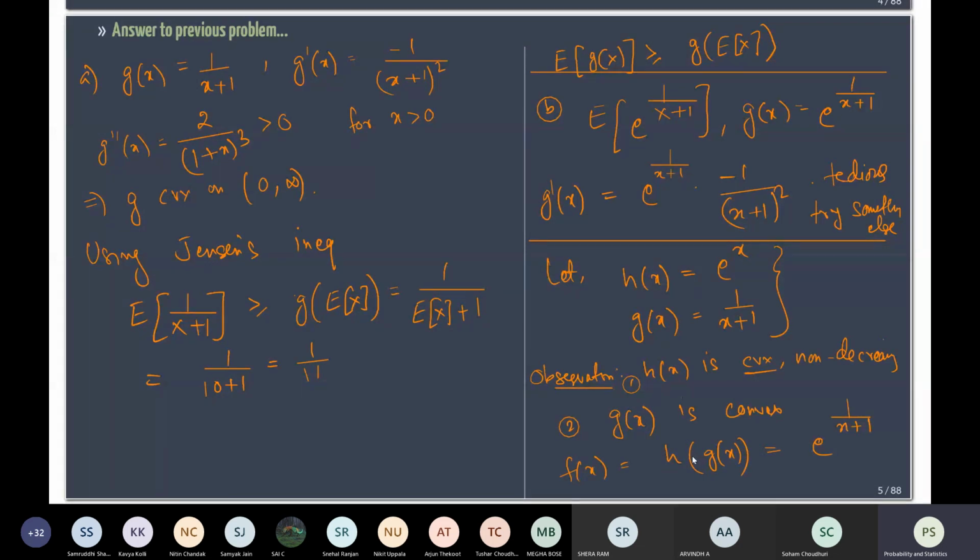So we know the second derivative test also, right? So what will happen if we do the second derivative test on this?